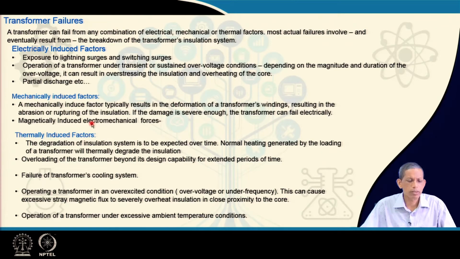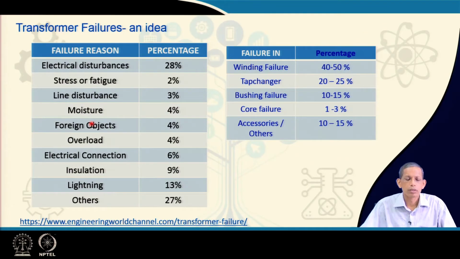So, here we have enlisted a few of these factors in these three categories. There are many other points related to transformer failures. Just to have an idea of who the important factors are in this perspective, this is the failure regions.